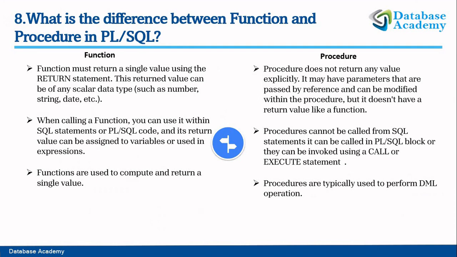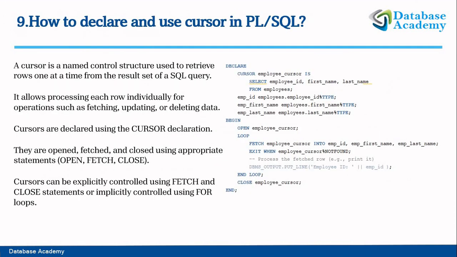Now let us go to the next question. How to declare and use a cursor in PLSQL. A cursor is a named control structure. That means whenever we declare a cursor, we have to provide the name of this cursor. That's why it is called a named control structure, used to retrieve rows one at a time from the result set of a SQL query.